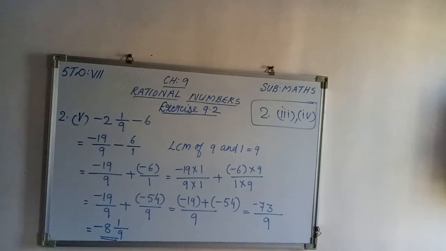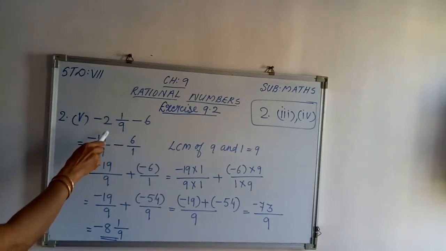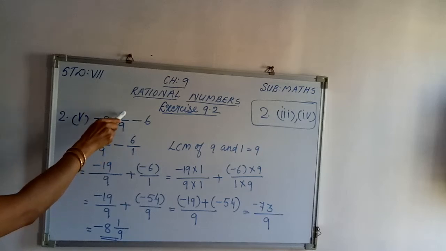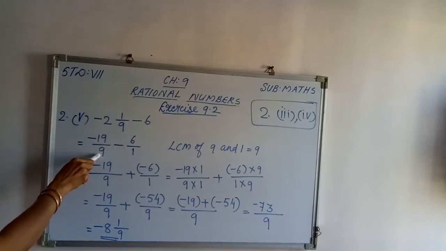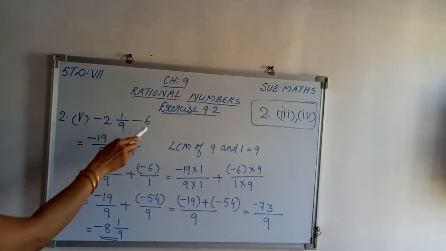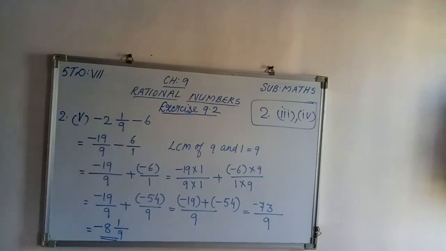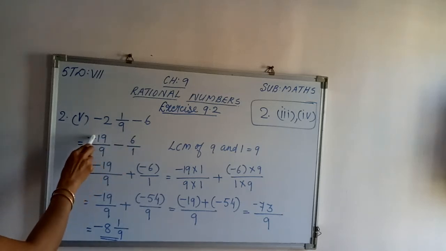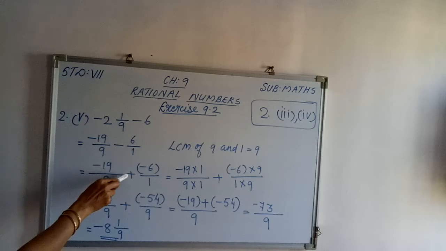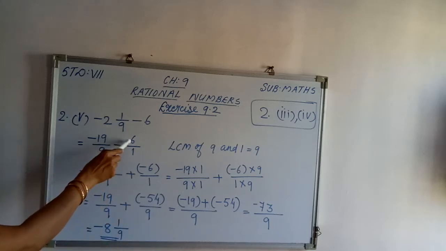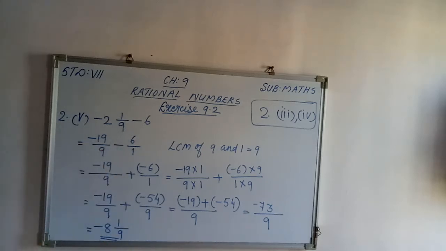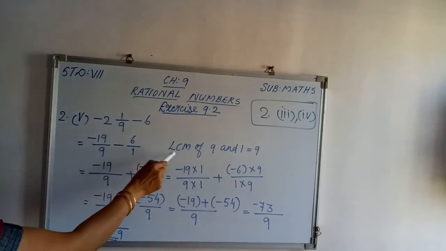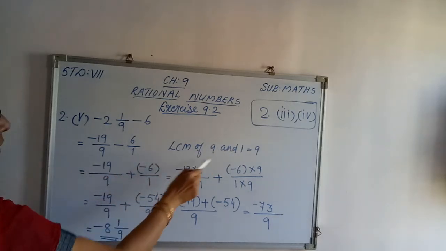Minus 2 1 upon 9 minus 6. Minus 2 1 upon 9 can be written as 2 9s are 18 plus 1, 19, minus 19 upon 9. Minus 6 can be written as 6 upon 1. Now minus 19 upon 9 plus additive inverse of 6 upon 1, minus 6 upon 1. LCM of 9 and 1 is 9.